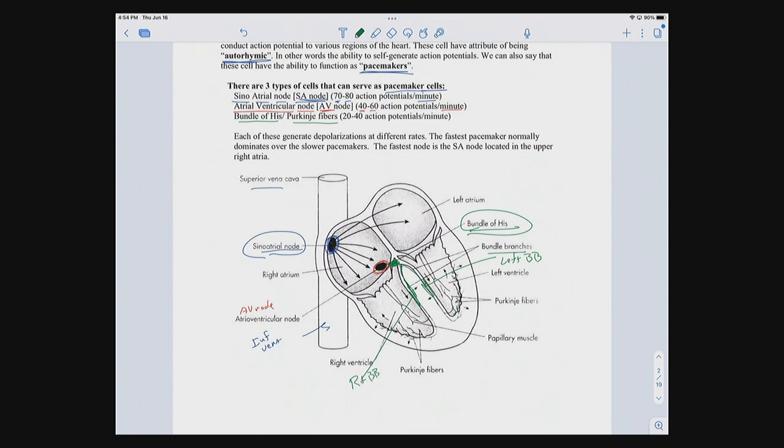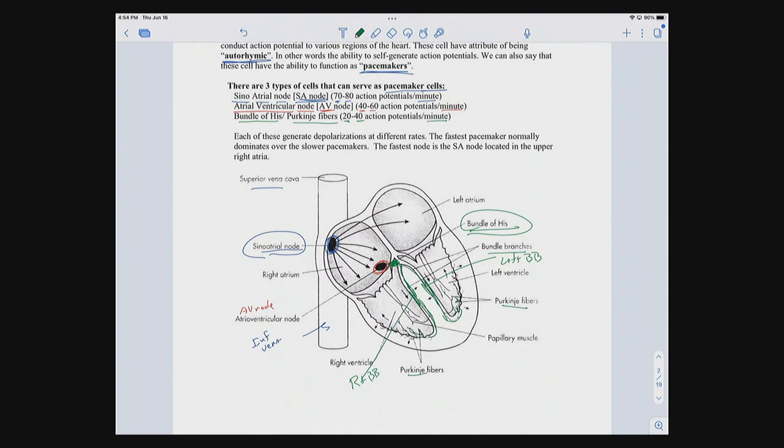They go down the septum of the heart, round through here, and end up with these Purkinje fibers. The Purkinje fibers are little branches that interface with cardiomyocytes of the contractile nature. They have their own inherent pacemaking, with action potentials anywhere between 20 to 40 per minute.